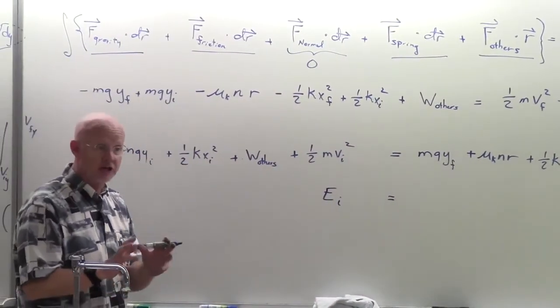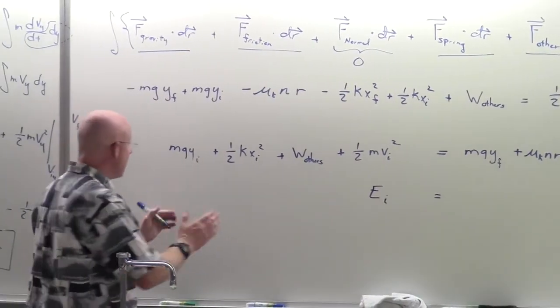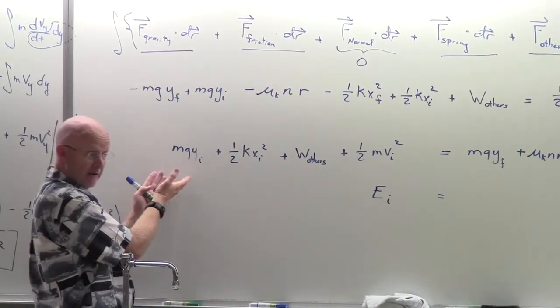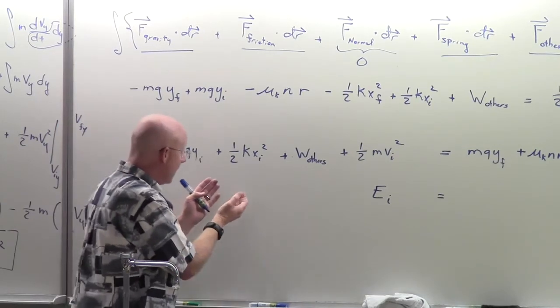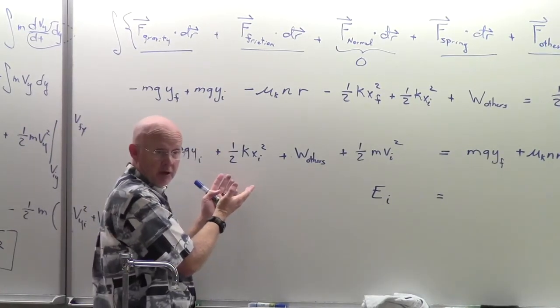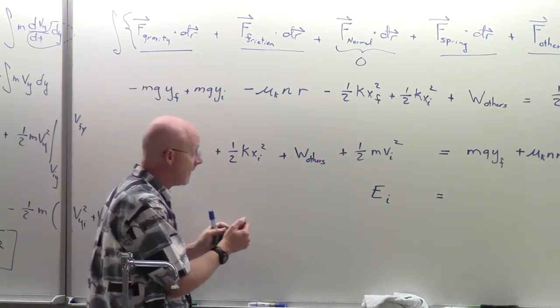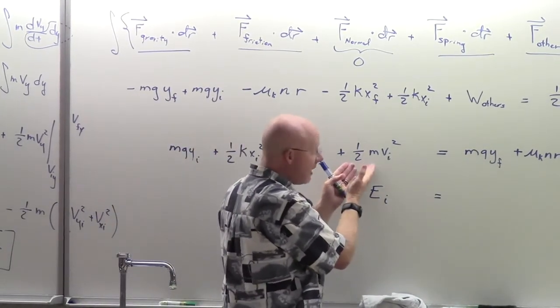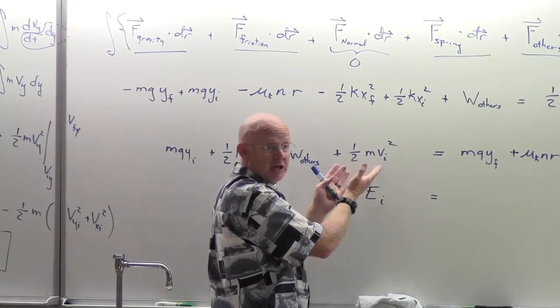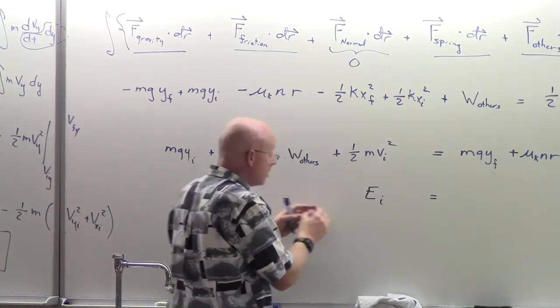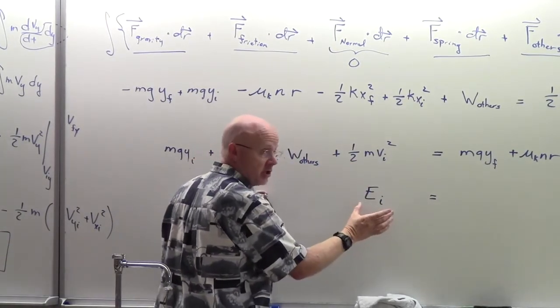Right? This is all the energies added together. This is the energy I get because of gravity. We'll call this gravitational potential energy. This is the energy I get from the spring. I will call this then the initial elastic energy. This is the energy of motion. This is the initial kinetic energy. So let me call all of this the initial energy.